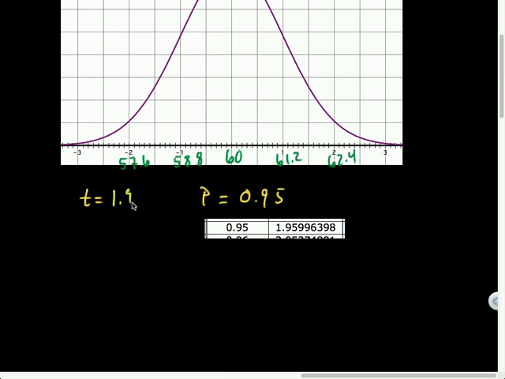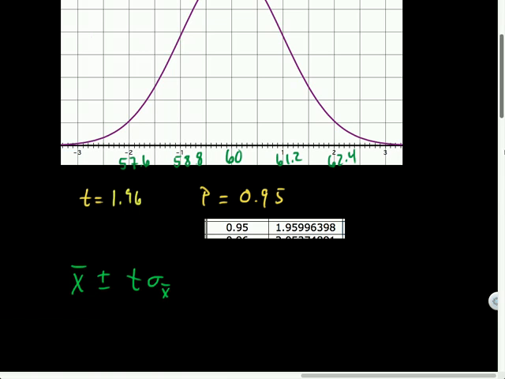So that means 1.96 standard deviations above and below the mean, I'll be 95% certain. 95% chance that my true mean is between there. If I want to find that interval, I can use the same little calculations we did on our homework, where I find an interval, x bar plus or minus t times, and instead of sigma, I multiply by sigma sub x bar, the standard error of the mean.